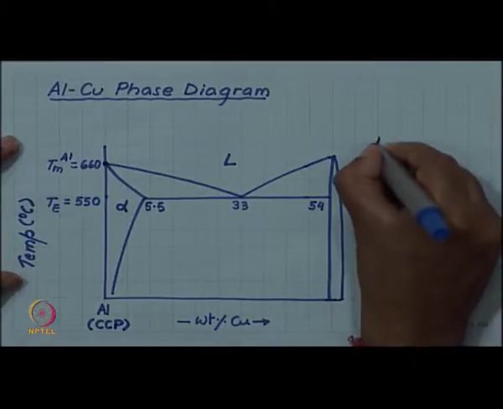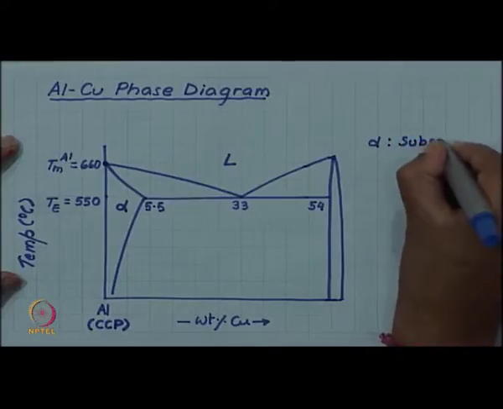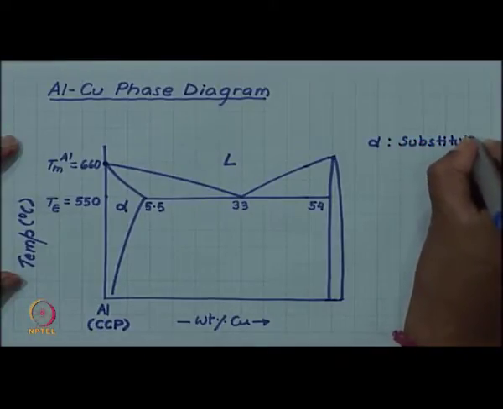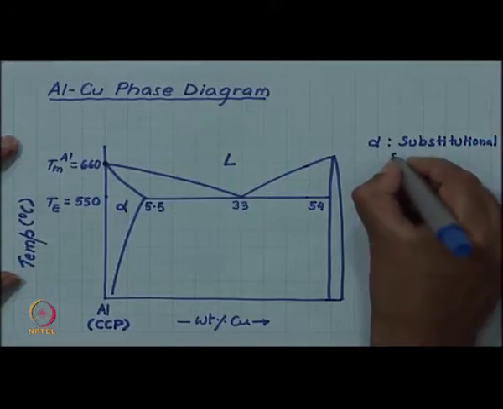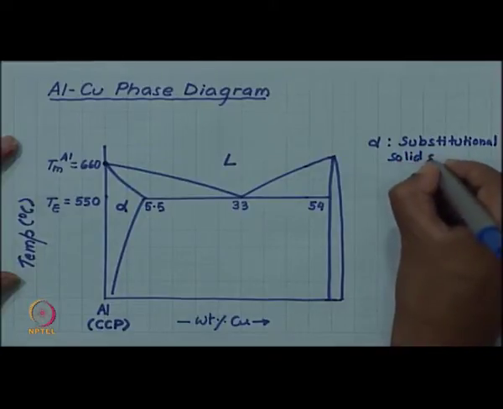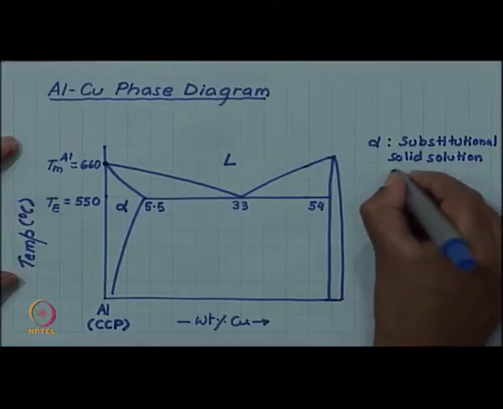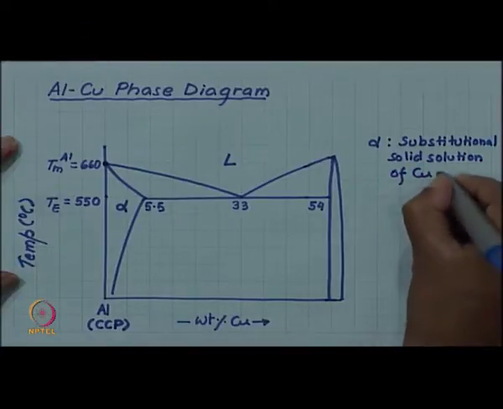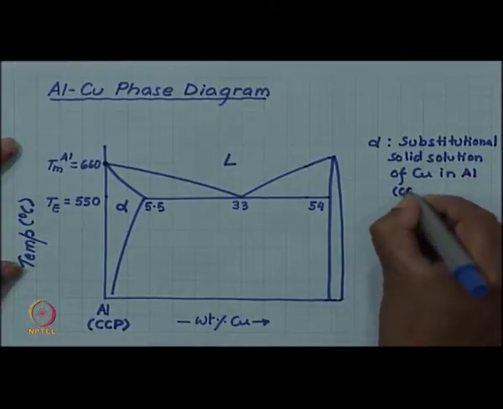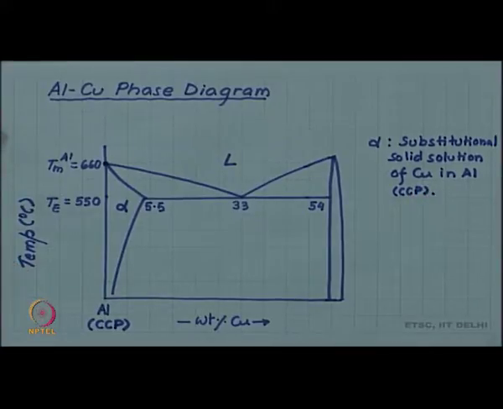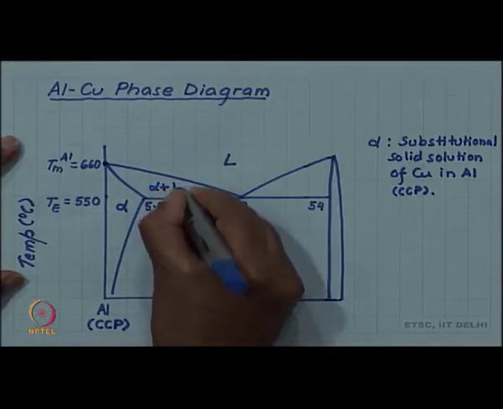So, alpha is a substitutional solid solution of copper in aluminum, and its structure will also be CCP. Then you have liquid, so you will obviously have alpha plus liquid.